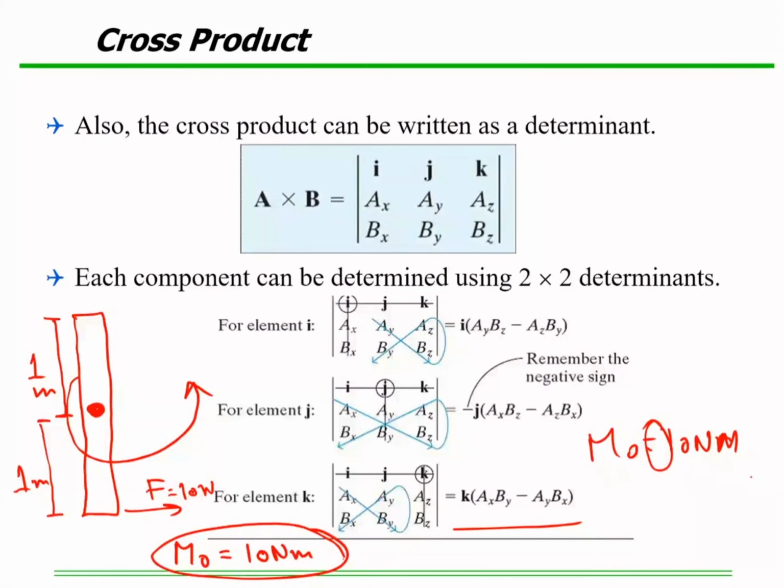Look, if you start writing text like clockwise, anti-clockwise, there's a possibility of making mistakes. If you have a lot of moments acting in 3D space, then for each moment you will write clockwise or anti-clockwise, and when calculating the resultant you will need to realize whether clockwise needs a negative or anti-clockwise. So the best thing is, when you calculate the moment, put the sign there.